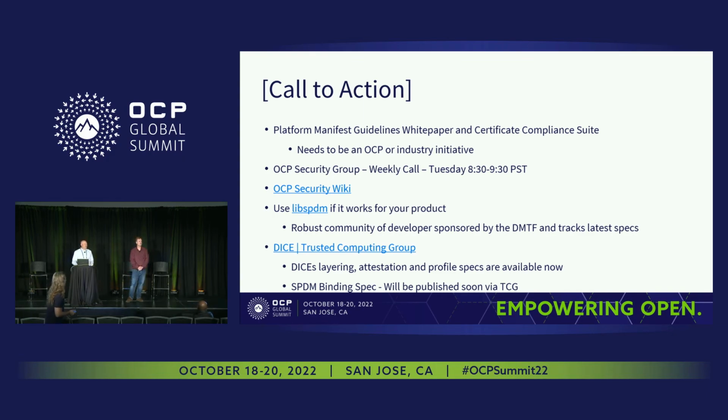Just a quick question. How soon do you expect the TCB info extensions, the OIDs, to be actually registered and available? So a lot of the work leveraged existing specs. Most of the specs are out there, like the certificate profile and the DICE layering spec, those are all there.